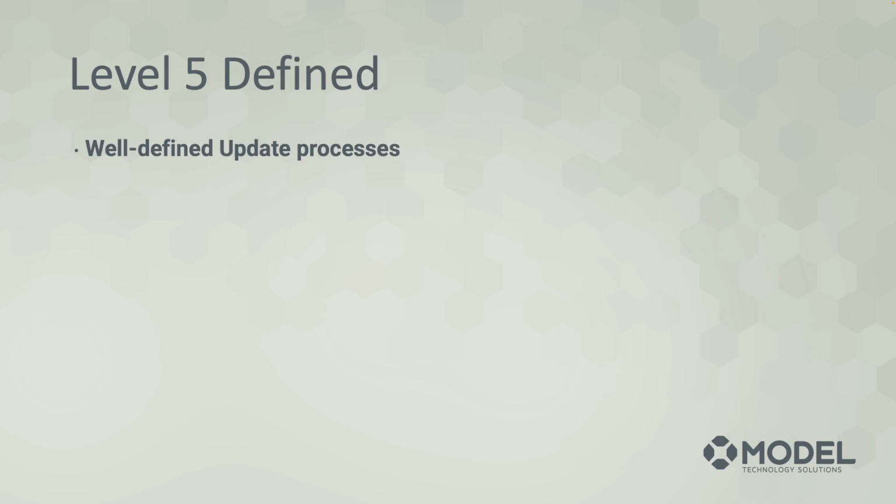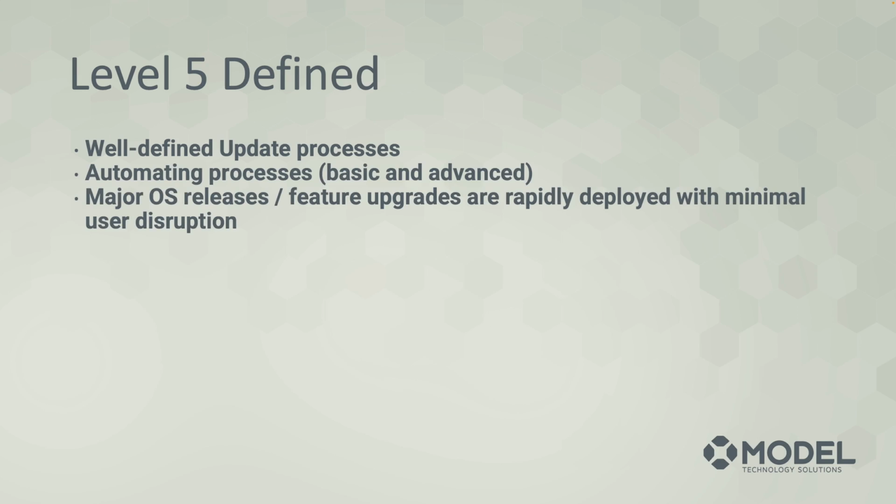Level 5 defined. So a well-defined update process. That can mean several things that we'll get into when we get to that slide. Automating those processes both in a basic and an advanced stage. And then we take a look at major operating system releases. Feature upgrades can get rapidly deployed with a minimal amount of user disruption, as an example.